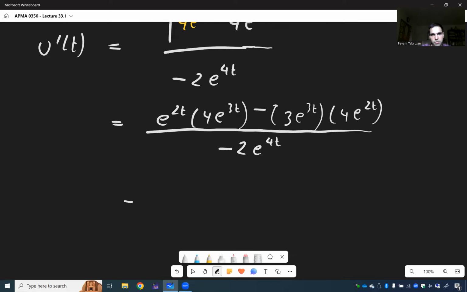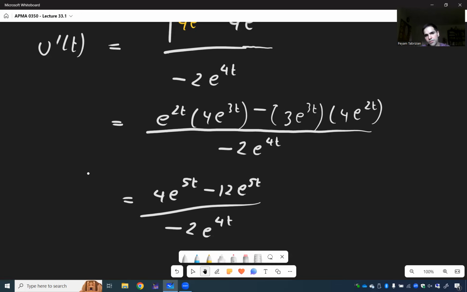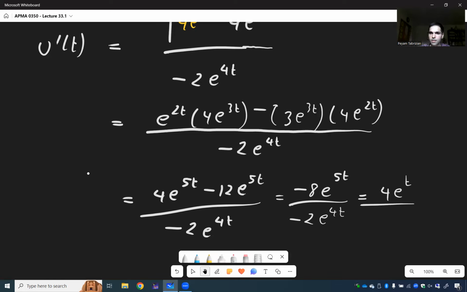And this then becomes, I think, 4e to the 5t minus 12e to the 5t over minus 2e to the 4t. And I think that becomes minus 8e to the 5t over minus 2e to the 4t, which simplifies to 4e to the t.